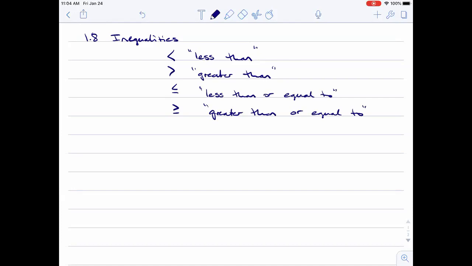When I went to school, they were always like, oh no, the alligator eats the big one. But for some reason, I could never wrap my head around it. If I'm the alligator, then this is the bigger one, but I had a hard time mapping that back to less than or greater than. And then a couple of years ago, I had a student who said, well, you just make an L with your hand.